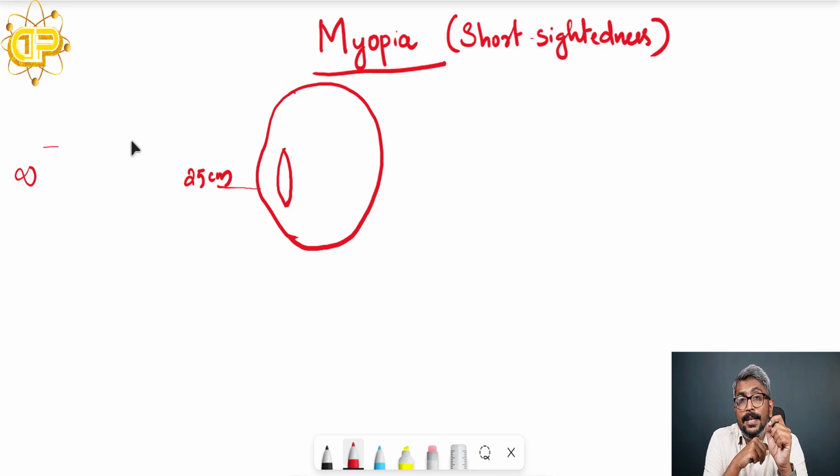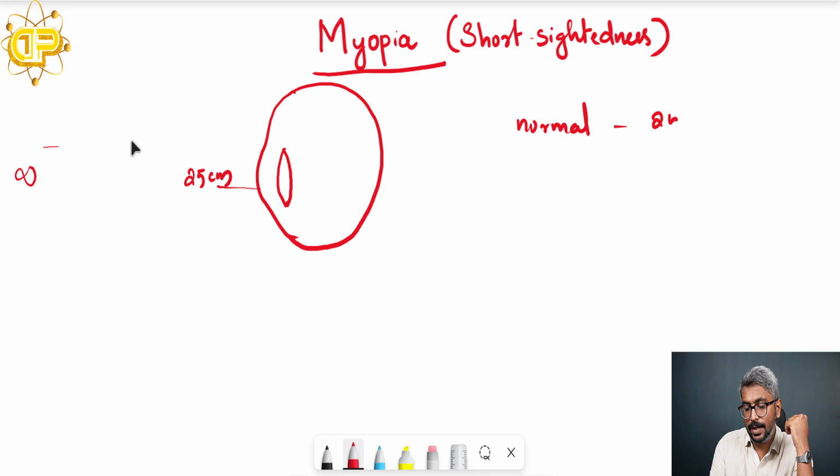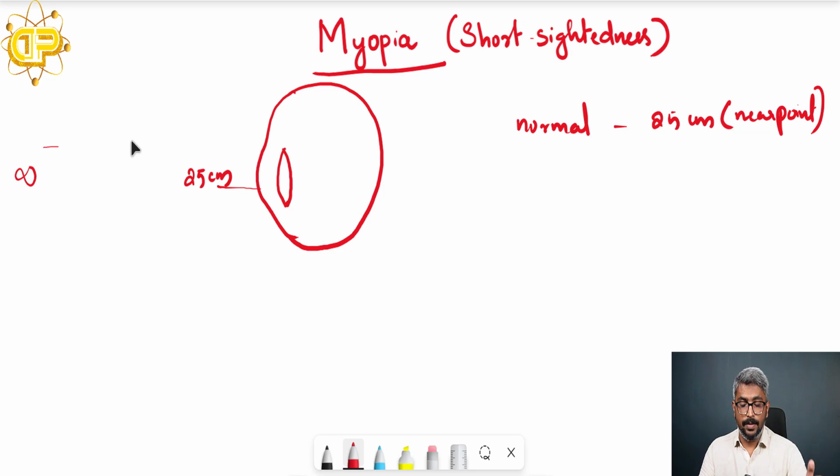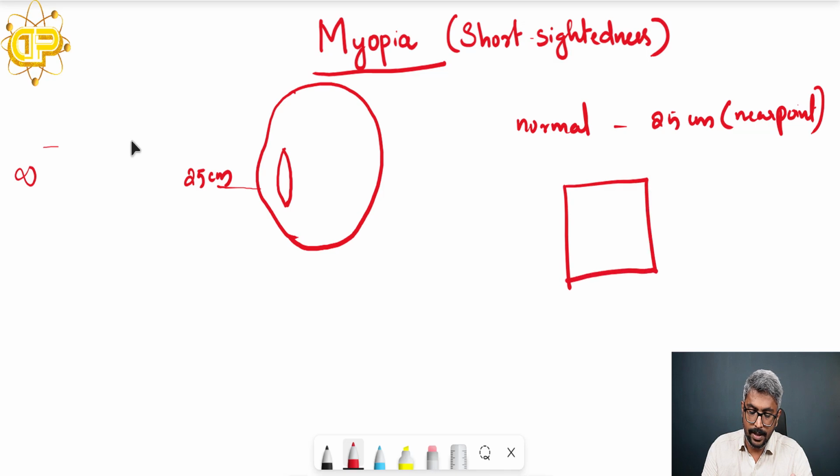So we call it the near point. For a normal eye, the near point is 25 centimeter. Again, what is this near point? Take a paper and put two dots on it, keep it in front of your eyes and move it closer to your eyes.